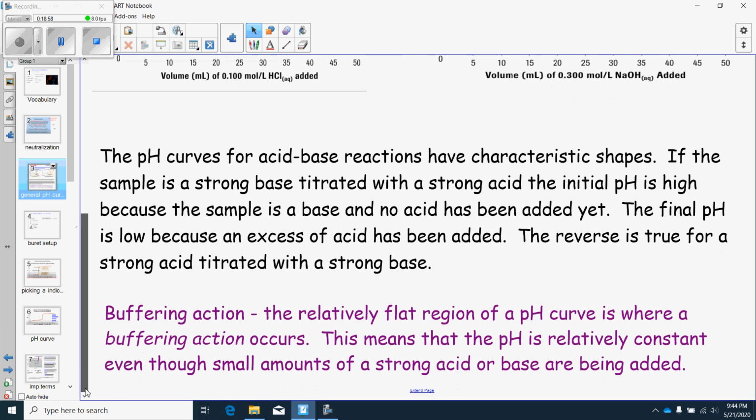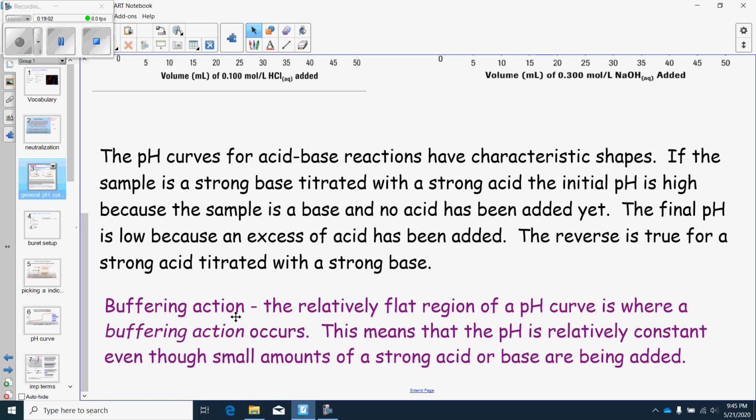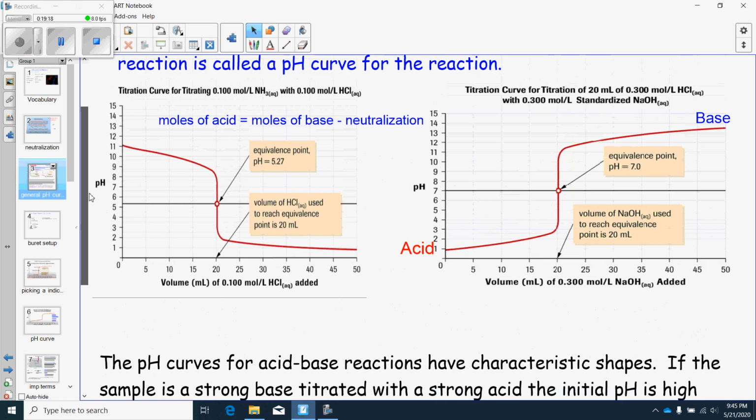We'll talk more about what buffers are and how they work, but just for now, realize that the flat sections of your curve are indicating that buffering is going on. And for now, buffering is just keeping the pH at a constant value. So what I mean here is there's two buffer zones.